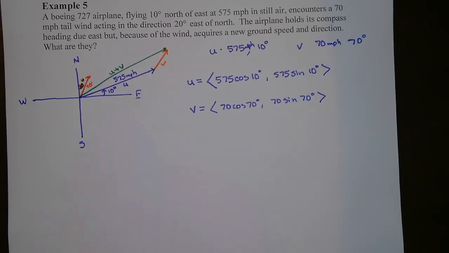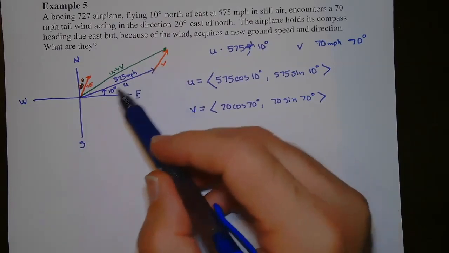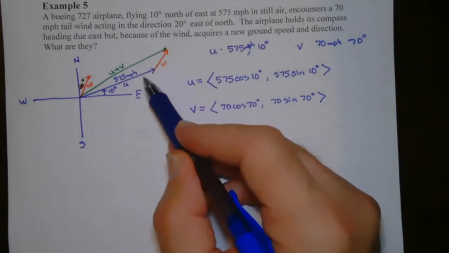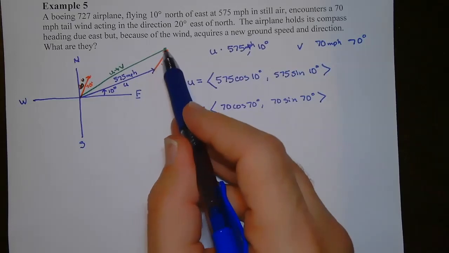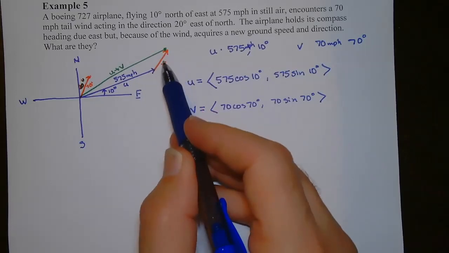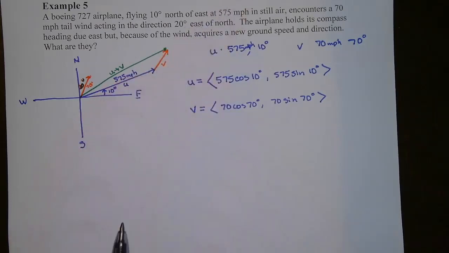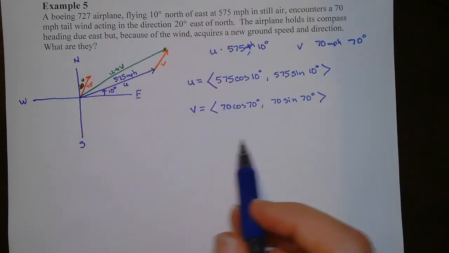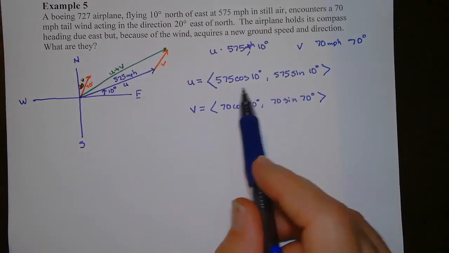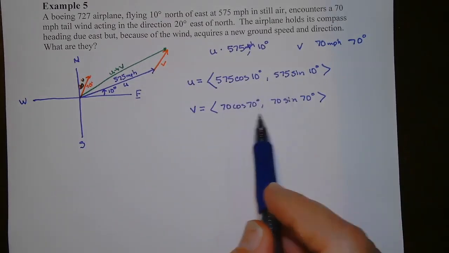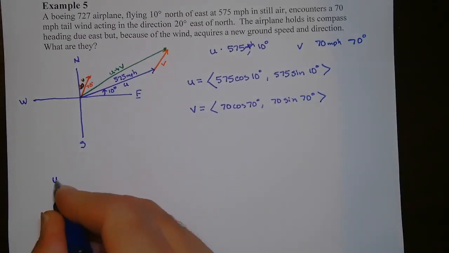That's going to give me the component form of this vector. Basically the wind is going to push the plane in this direction, and it's going to wind up over here. This is broken up into an x component and a y component, and this one into an x component and a y component. So when we add them, we're going to get the resultant vector.